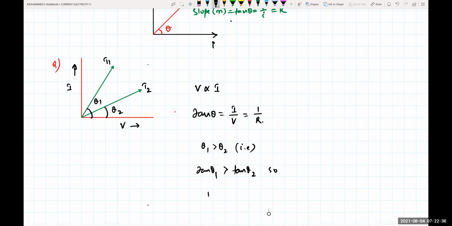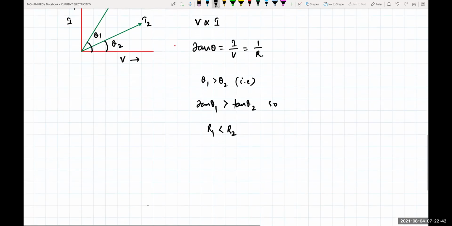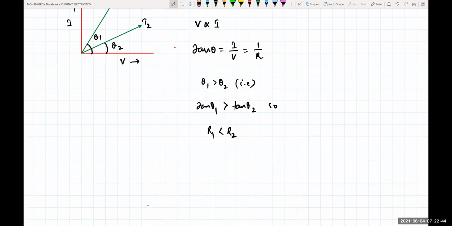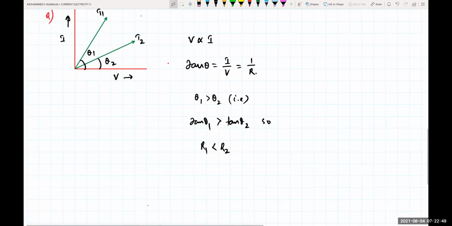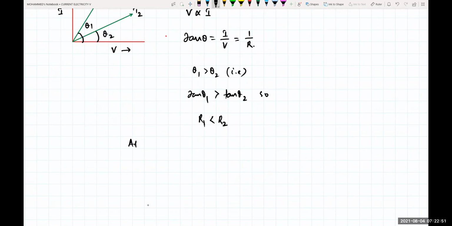So I can write here R1 will be lesser than R2. So as temperature T2 increases, resistance is greater. So at a temperature T2, resistance is greater.